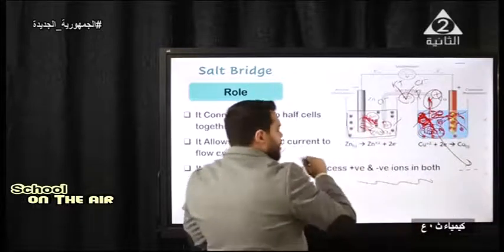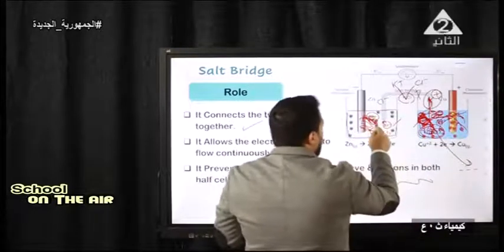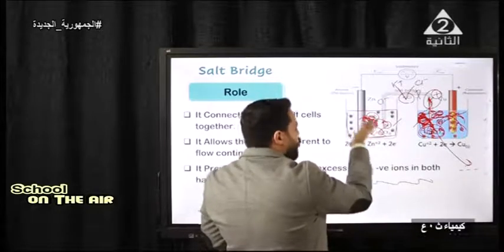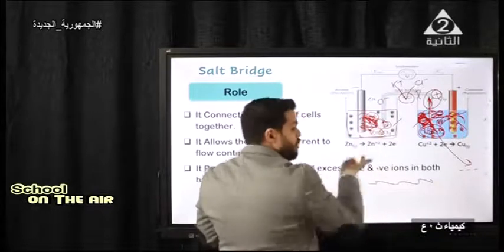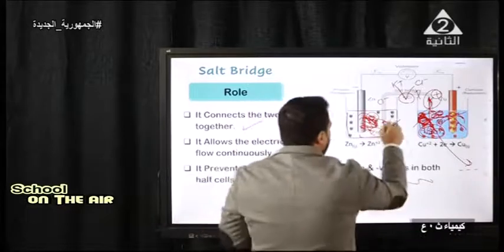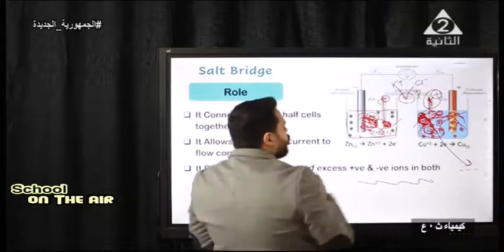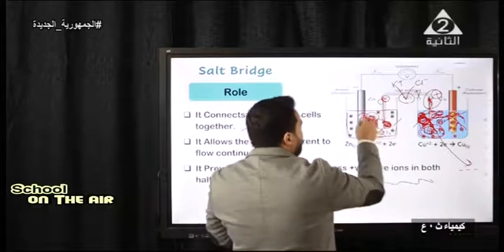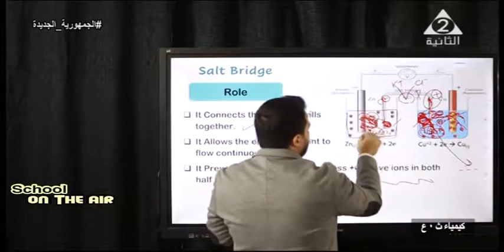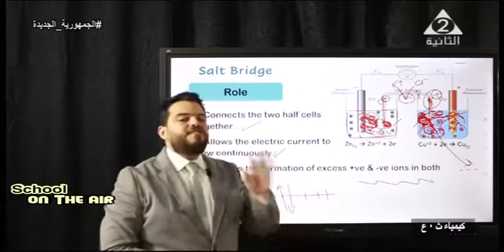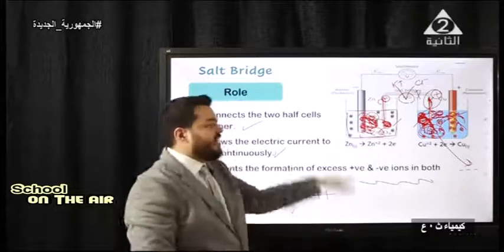And here, all of the zinc positive 2 will be dissolved and there will be no room for any other zinc to dissolve. So you will attract the positive excess with this negative ion to leave some space for some zinc to dissolve in the solution. Okay, so the salt bridge is very important in the galvanic cells.